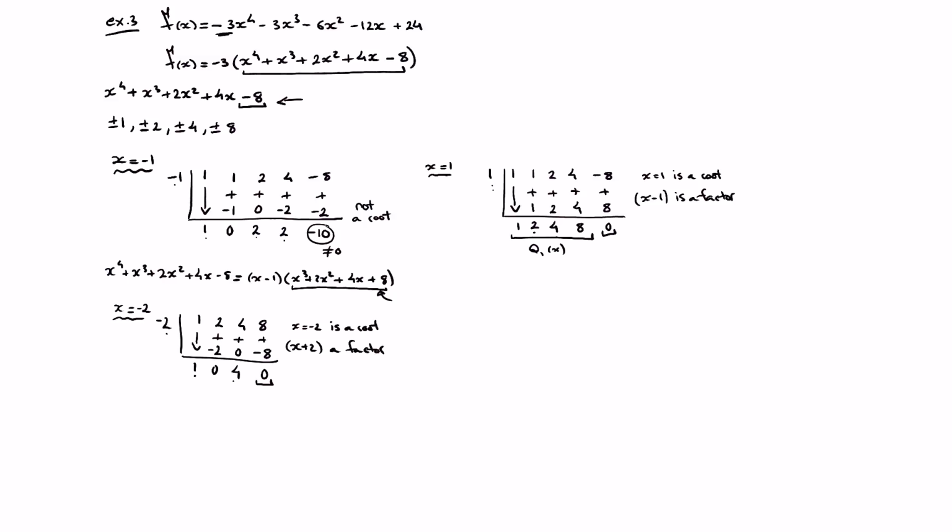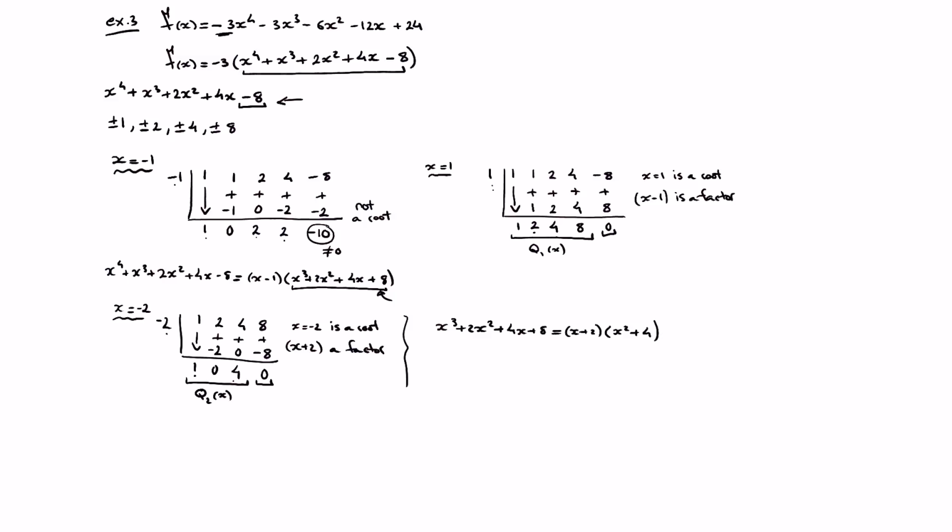And we have our second quotient polynomial, which I'll call q2 of x. Its coefficients are 1, 0, 4. So using this result, we can write that q1 of x, which was x cubed plus 2x squared plus 4x plus 8, equals x plus 2 times q2 of x, which is x squared plus 4.